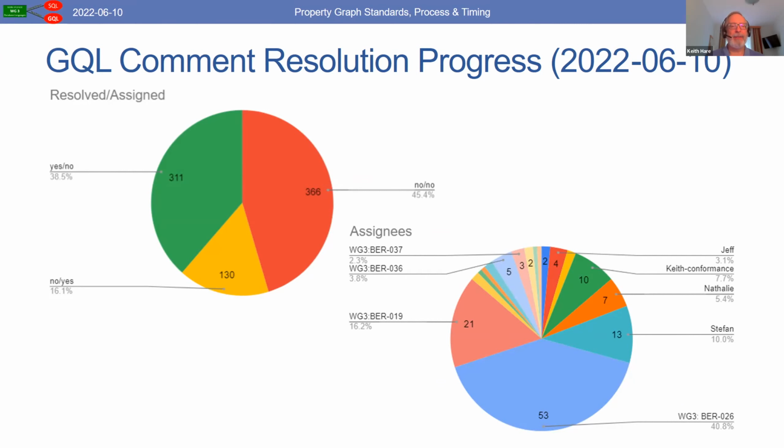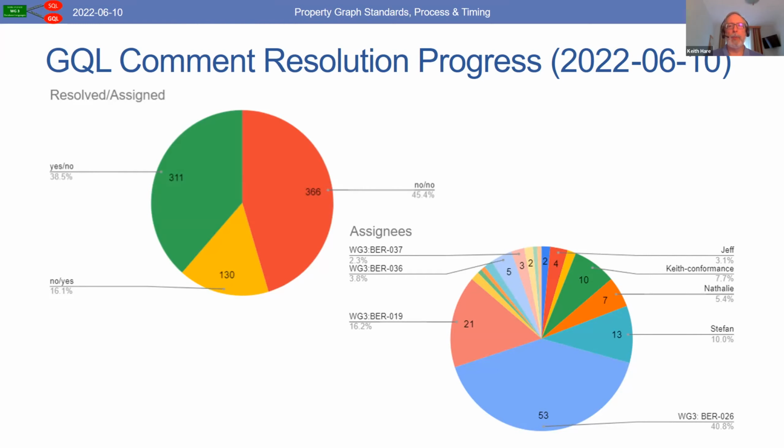I decided against updating the slide again this afternoon, but as of now, we have resolved a bit over 50% of the comments. The comments that say, in the yellow, no, yes, are comments that have not yet been resolved, but have people who have volunteered to have papers written for that.